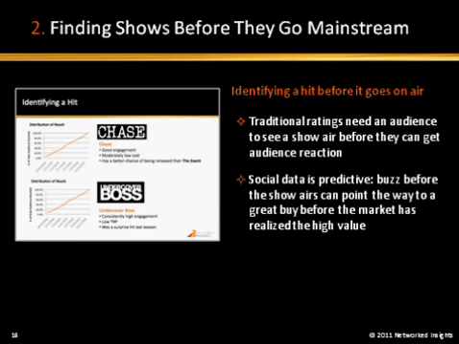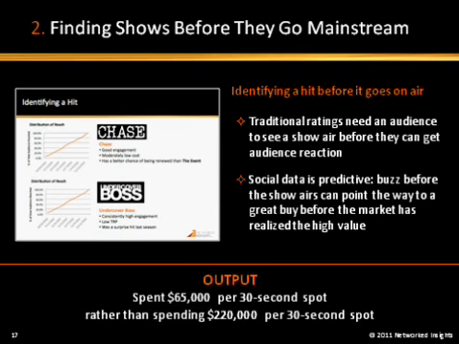Again, it's a leading indicator of what is going to be a success, versus using a post measure and saying, hey, how has this person performed in the past? No, we're going to use those things to predict what we believe is happening. And fortunately, we've been accurate enough where we have been able to predict which shows are going to be bigger than others. So what advantage does this give to a client or to an agency?